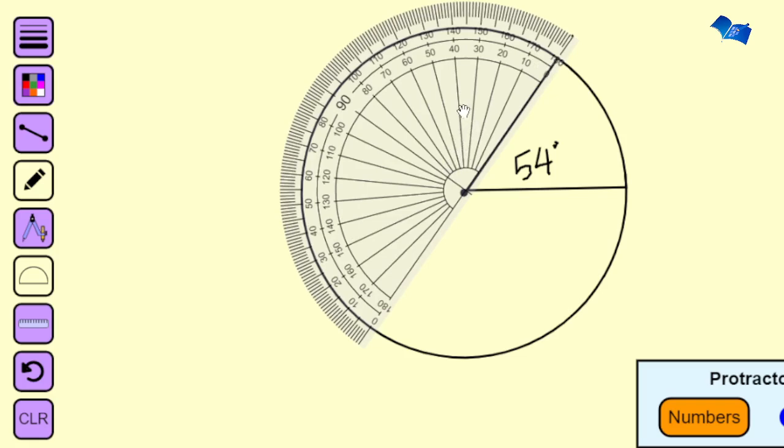For this one, let me measure 108 degrees, which is for food. 108 degrees. This is 0, 10, 20, 30, 40, 50, 60, 70, 80, 90, 110. Before 110 is 108, right? So we've gotten 100.